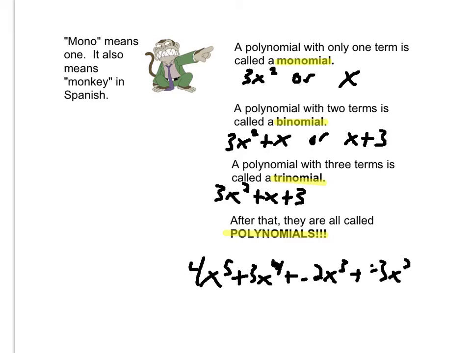But polynomial is any amount of terms. There's no special words once we get past 3. So monomial, one term; binomial, two terms added; and trinomial, three terms added together. Anything else is a polynomial.